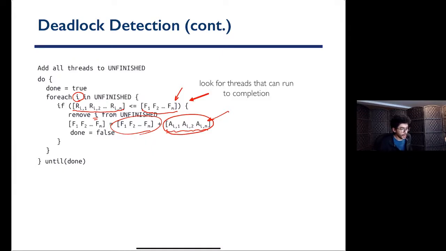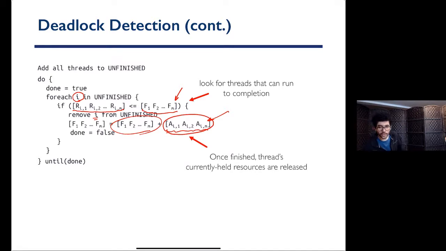Now, let's look at some of the things that I marked here. So this if basically looks at threads that can run to completion. So I explained that. This summation here says once this thread finishes, I can just add the currently held resources by this thread to the pool of available resources.